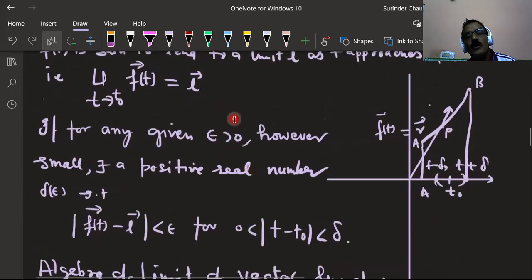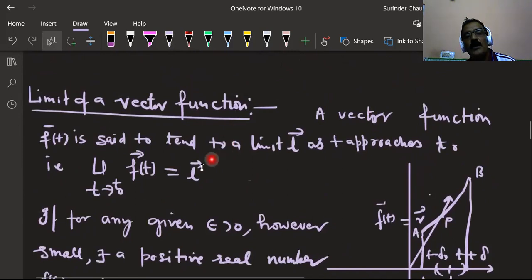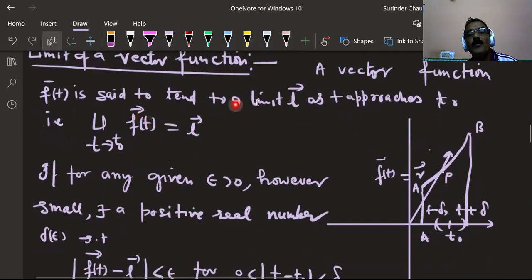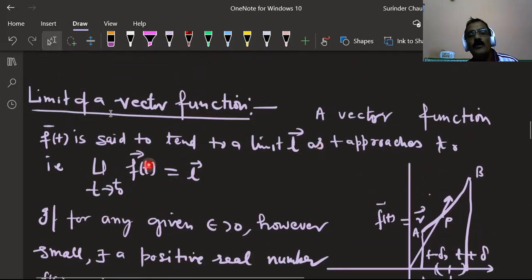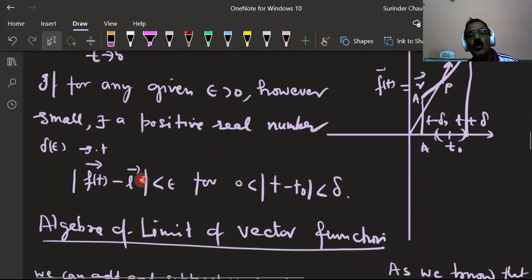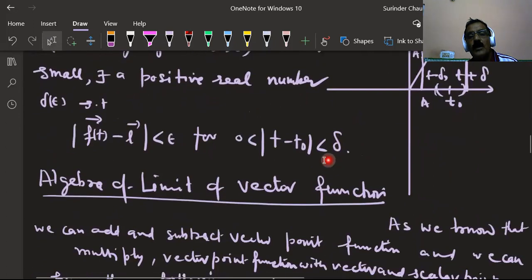In differential calculus we studied magnitudes only, but in vector calculus we are studying magnitude as well as direction. The vector function converges to a vector. So only an arrow is put in the definition of the scalar point function, and you get the definition of the limit of a vector function.